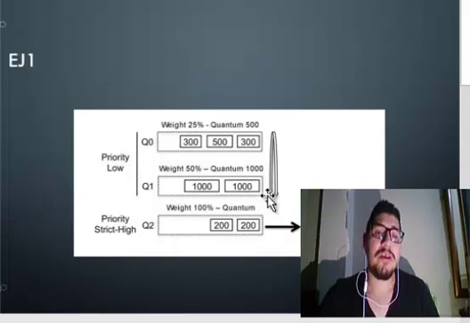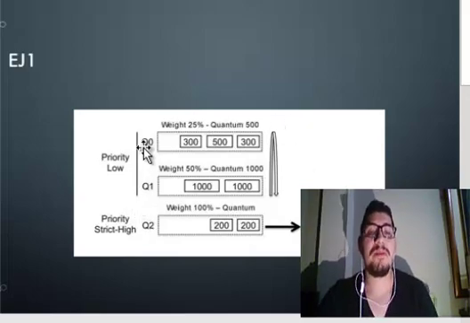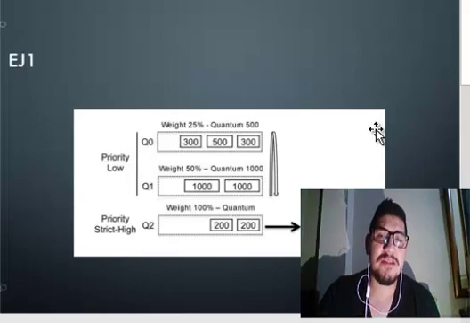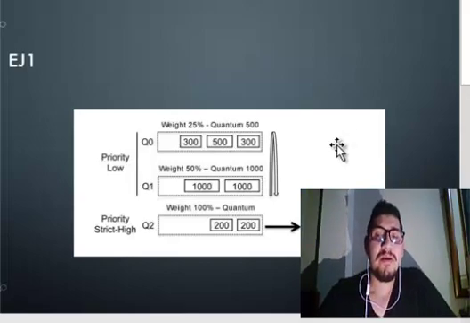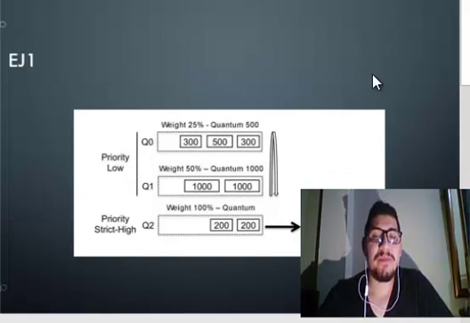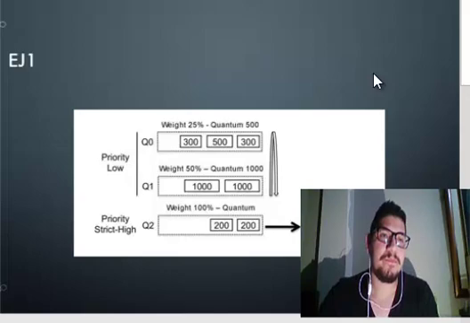The high priority is configured for Q2, and the low priority is configured for Q0 and Q1. When working with priorities, the queue with high priority that has credit will transmit first, and if there are two of high priority, it will first transmit between the two by weight.